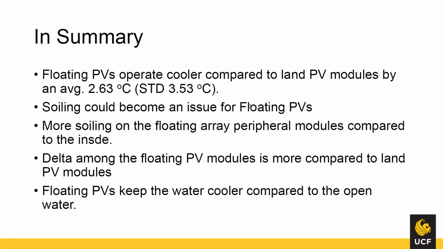And also, as Emma just pointed out, the soiling could be more on the peripheral or on the outer perimeter of the PV array. And regarding the impact of this, maybe in future studies or before new floating PV projects are laid out, considering the soiling could have an impact even in the models, so that it is well accounted for in the power production.